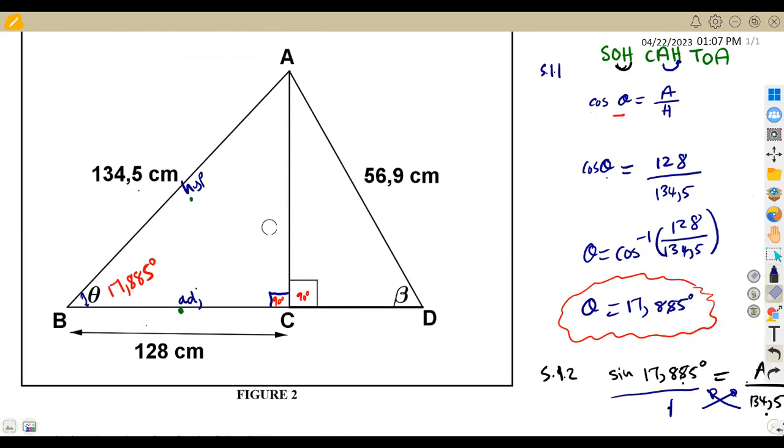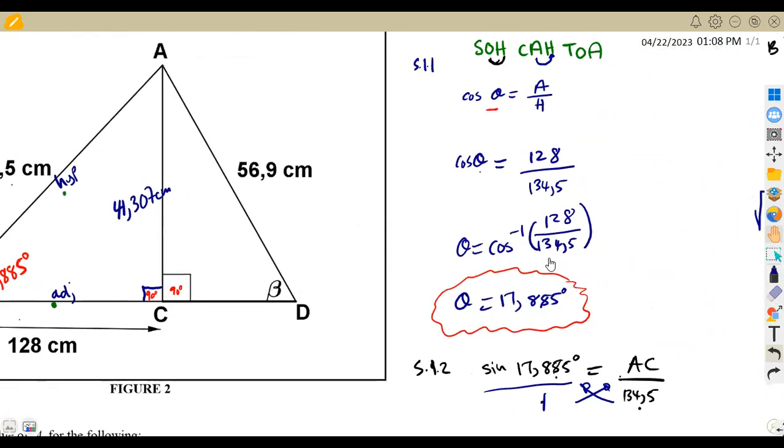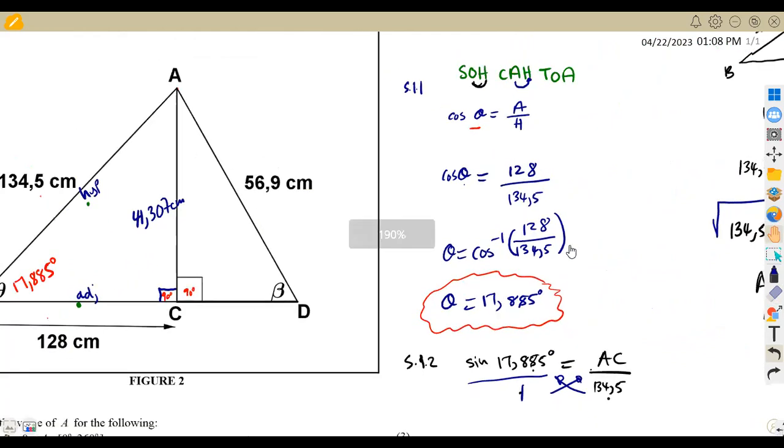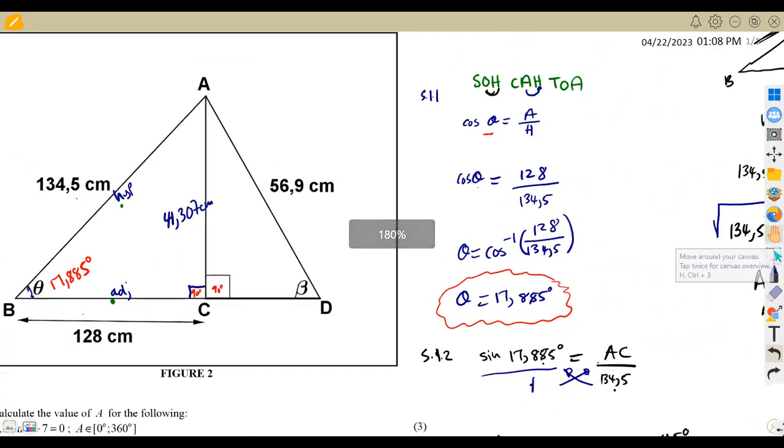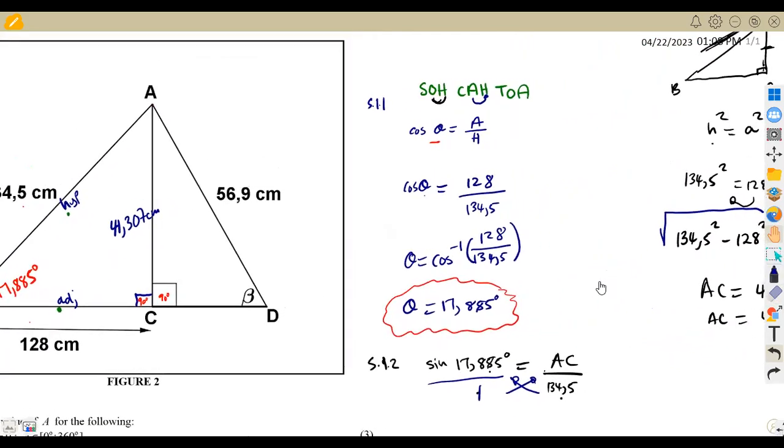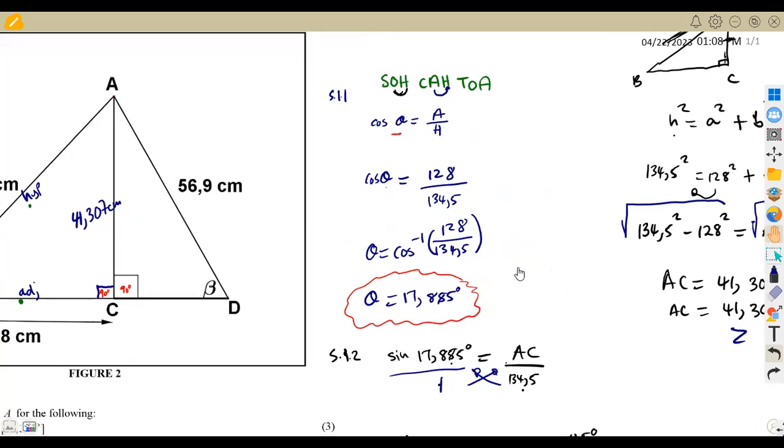We have this side here. We calculated this AC and got 41.307 centimeters, depending on the calculations that you did. Sometimes it can give us another value which is not exactly the same as this one, but they will be in the same range.